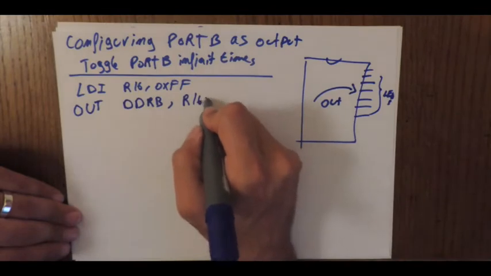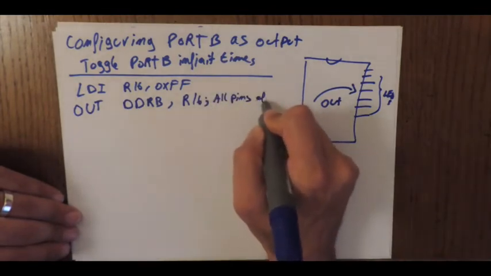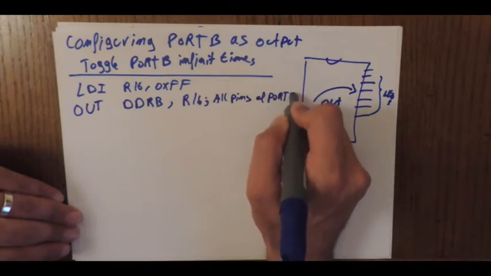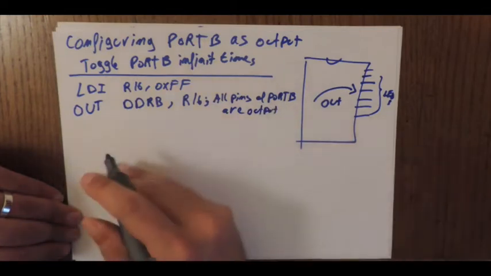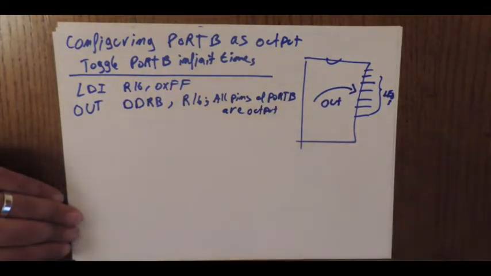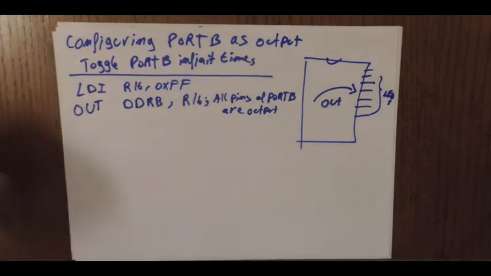So here, all pins of port B are output. So I can place the whole 8-bit value. So now this configured the port as output.